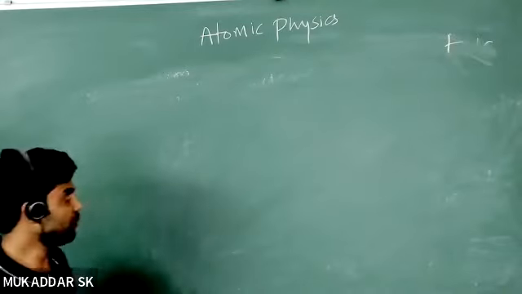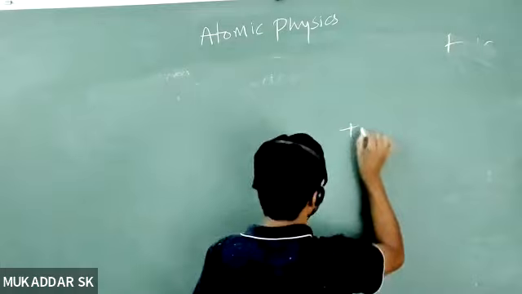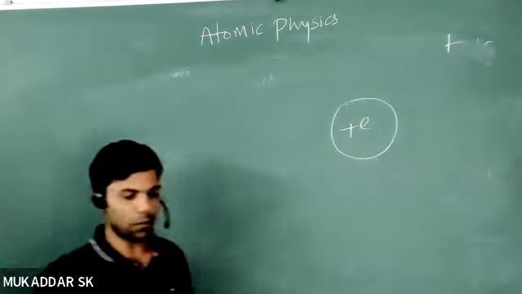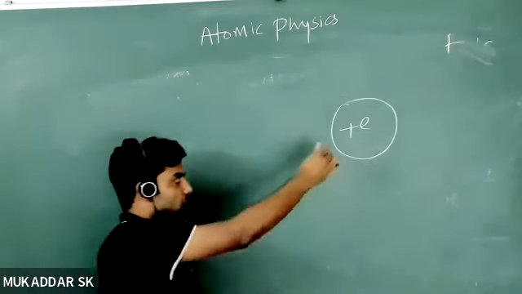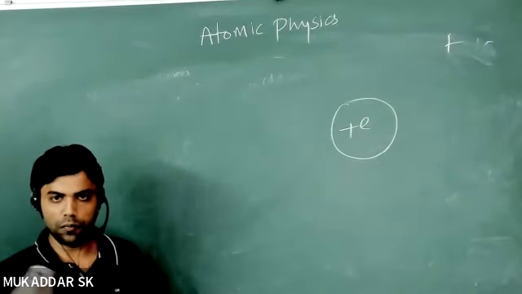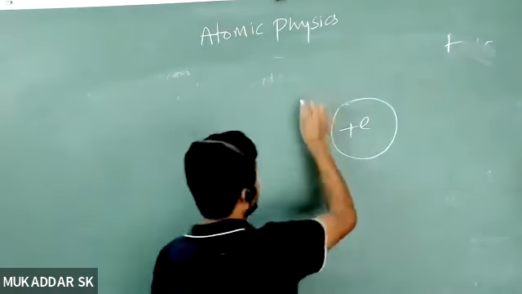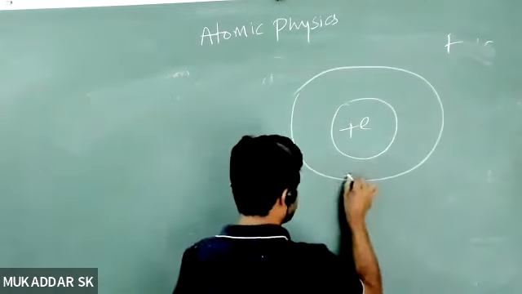So you have positronium. Basically what is happening? Positronium means in the nucleus now you will have one positron, which is positively charged. In positronium, at the nucleus there is no proton, only a positron, and the electron is orbiting around it.